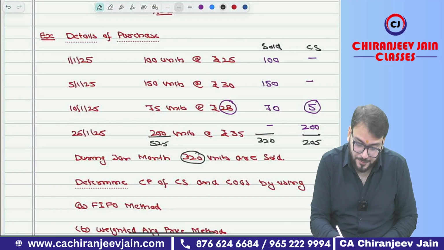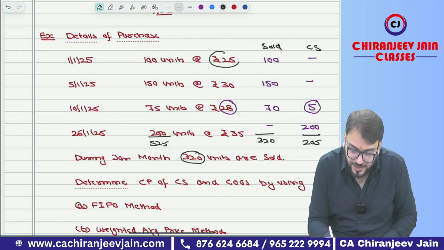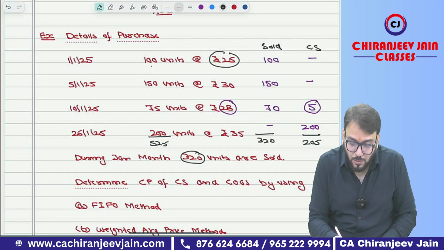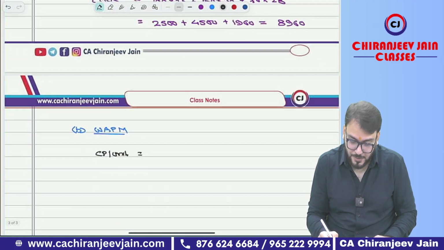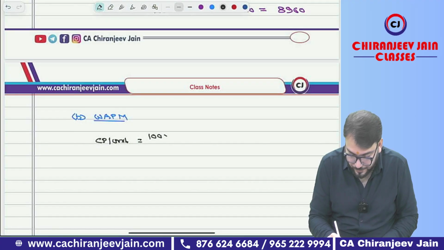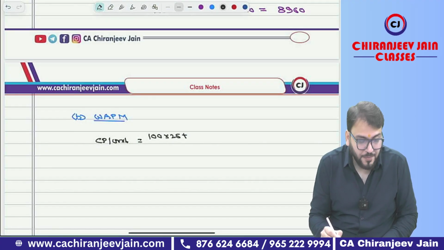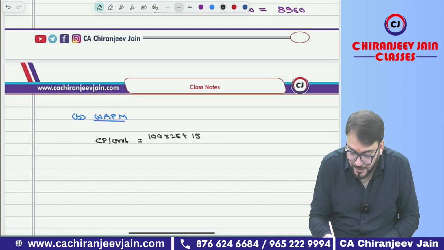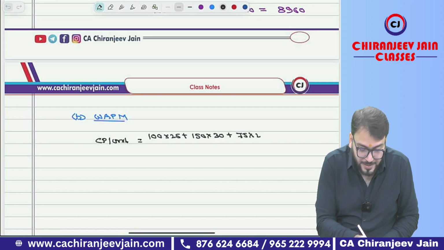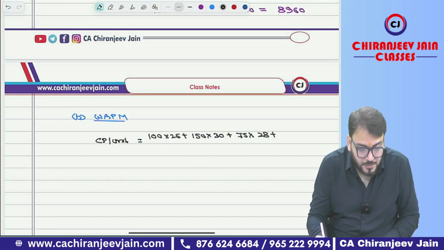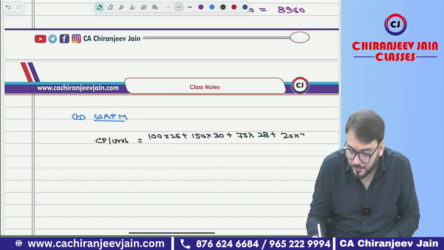We'll give weight of unit purchase. So what will we do? 100 into 25, then 150 into 30, then 75 into 28, then 200 into 35.